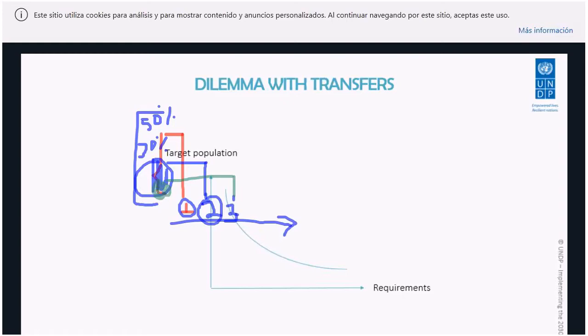So the decision about who will receive the transfer and what the requirements are is not straightforward. It depends on the social conditions of the country. It depends on the magnitude of the privations. It depends on the magnitude of poverty, and it depends, of course, on the available resources, right?